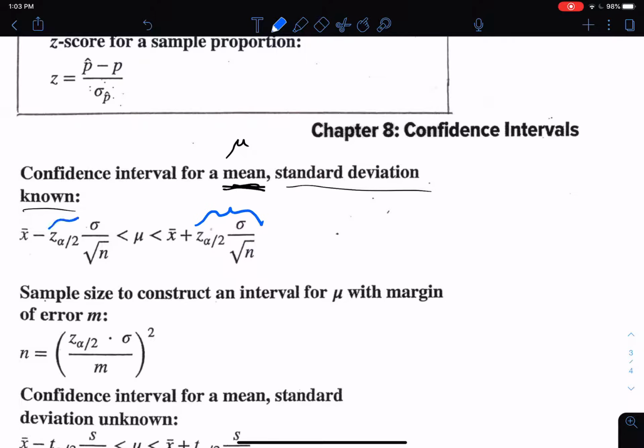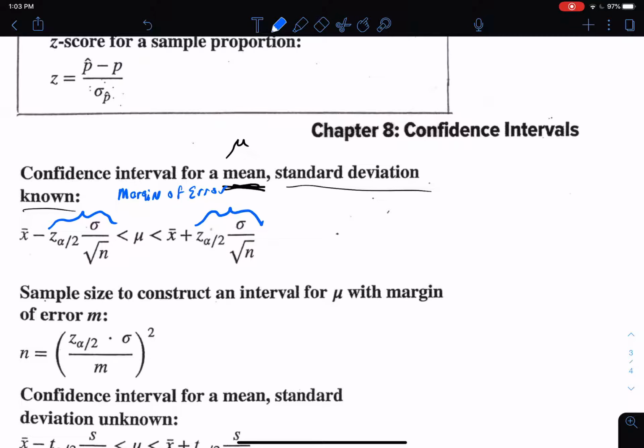These two numbers are the same thing, and those two numbers will give the margin of error. Let's just say it that way, the margin of error.